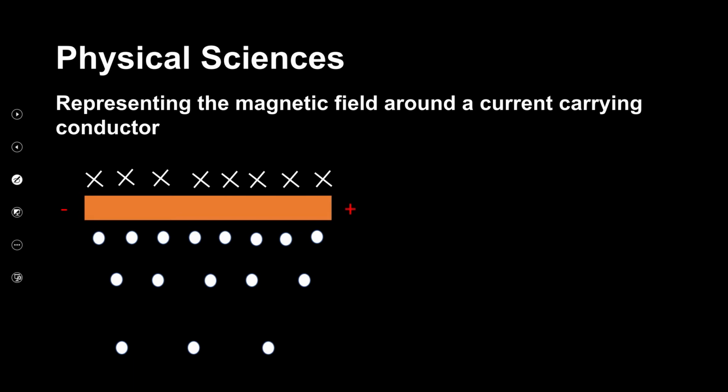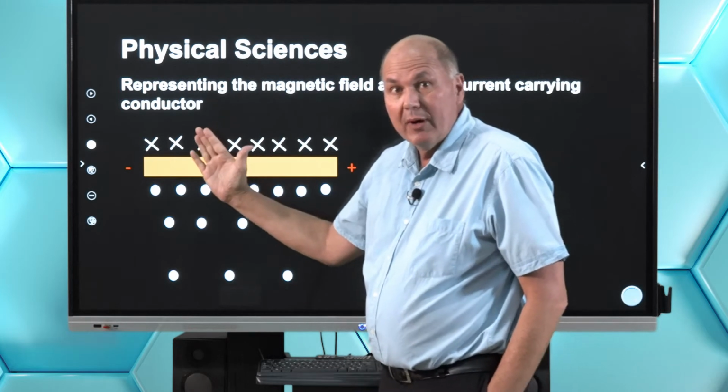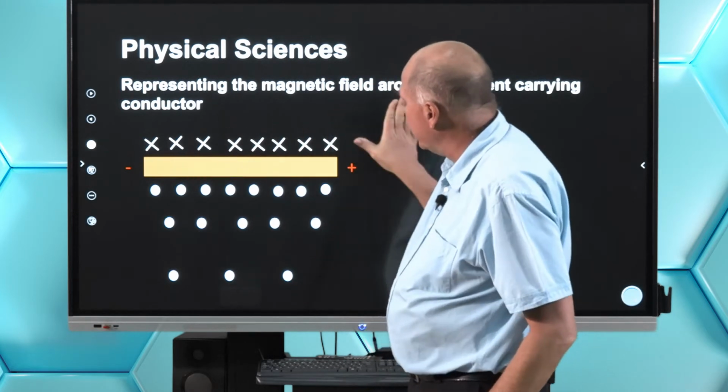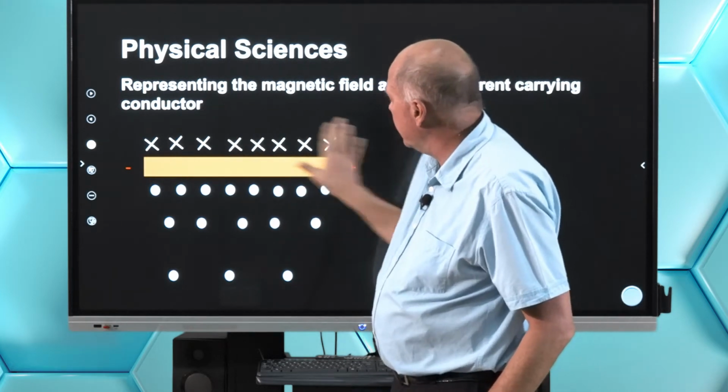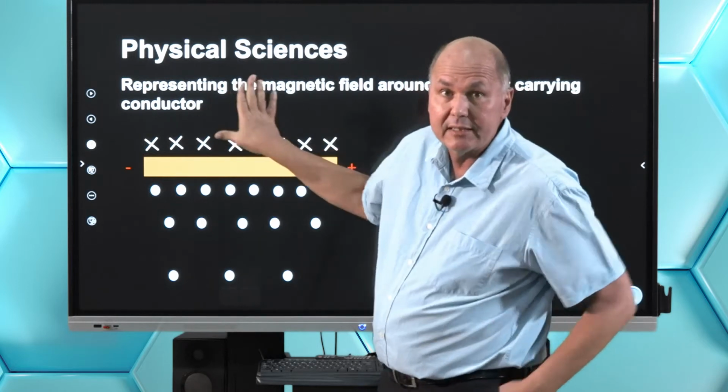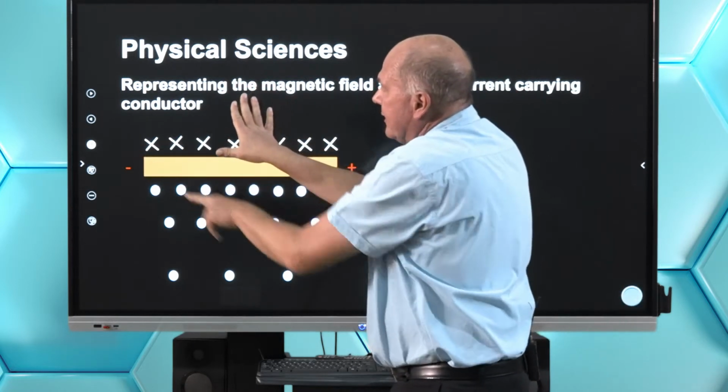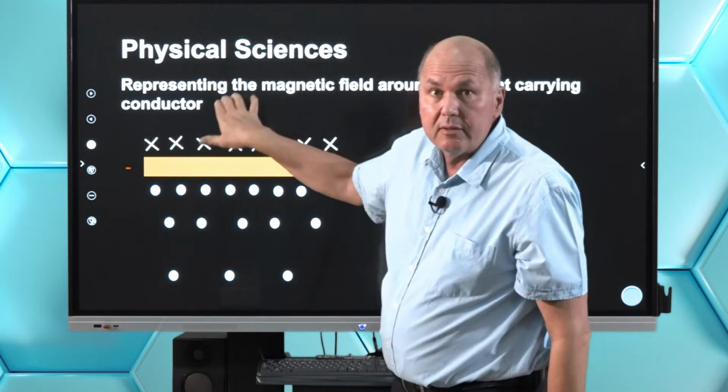Now, if we were to represent this magnetic field around a straight conductor, we use dots and crosses, and we use this notation, again, just showing the right-hand rule. If you take a look, you'll recognize the direction that the current is going is from positive to negative. So the thumb points in that direction. And look at my fingers.